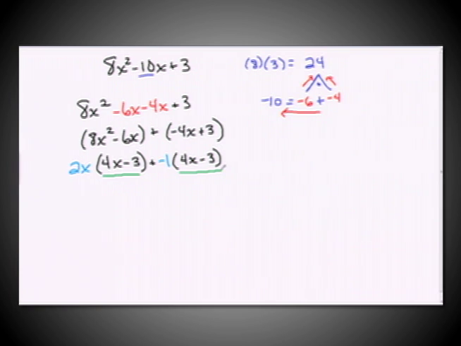That becomes our new greatest common factor, and we pull that out front to give us a factor of 4x minus 3. And when we divide 4x minus 3 out of both of those terms, we're left over with 2x minus 1. So 8x squared minus 10x plus 3 factors as 4x minus 3 times 2x minus 1, and we can check that with multiplication.